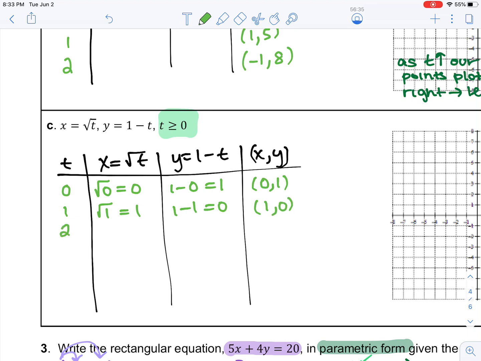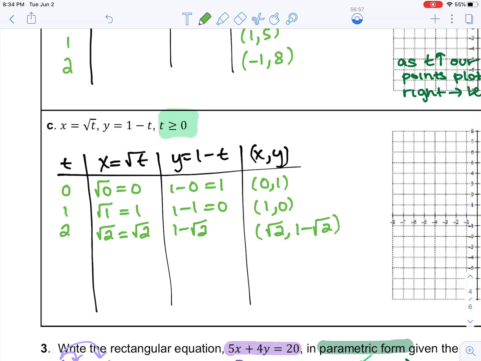So potentially we could plug in 2. Well, if I have to plug 2 in for t, I'm looking at the square root of 2 as my x-coordinate, which is fine, but graphing the point root 2, 1 minus root 2 is not something that I'm super interested in doing, right?